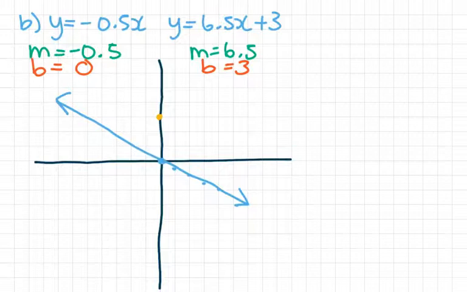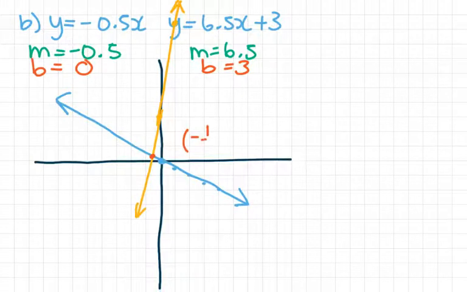And then I'm going to go up 6.5 over 1. So 1, 2, 3, 4, 5, 6.5 over 1. Way up here. And then draw a line through that. And my solution is about negative 1/2, 1/2.